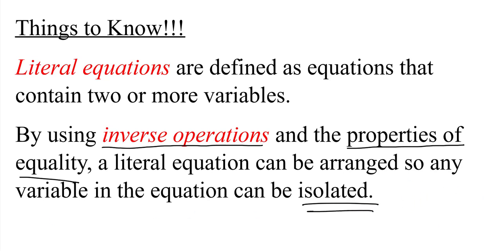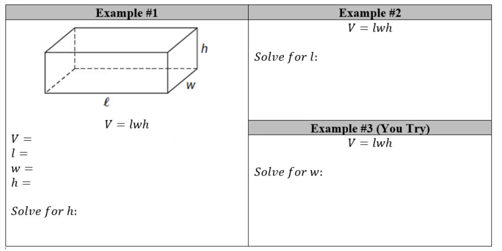All right, let's take a look at our first example here. We have a very nice graphic. This is a rectangular prism for those of us that forgot. And we have the dimensions here. Let's go ahead and start plugging these in. We know that this big V, if we have a three-dimensional figure, is the volume.